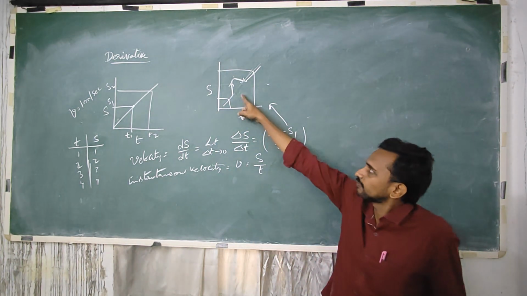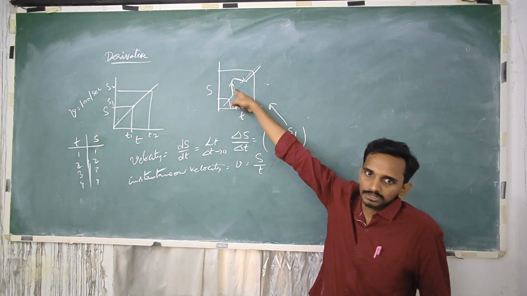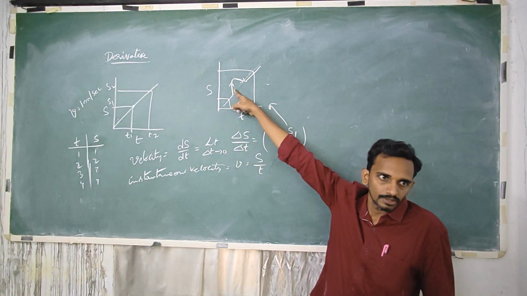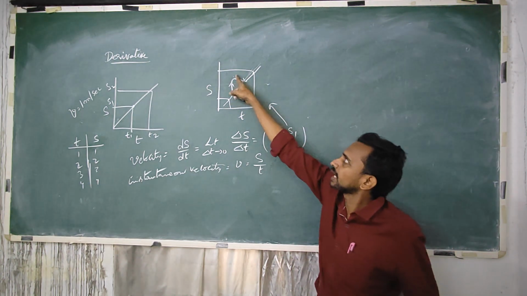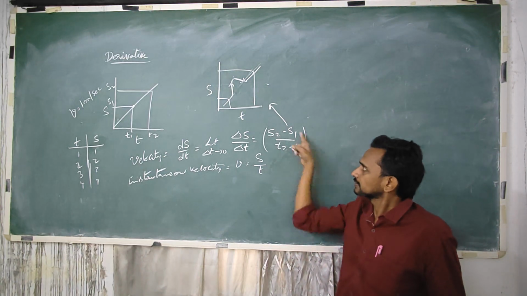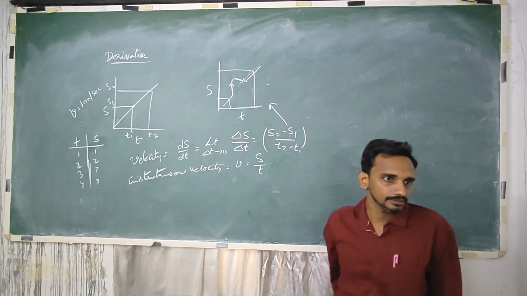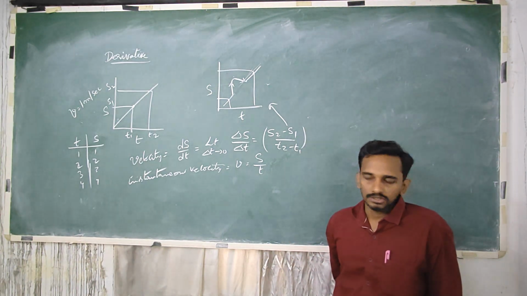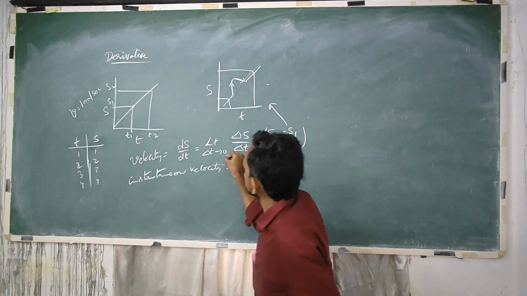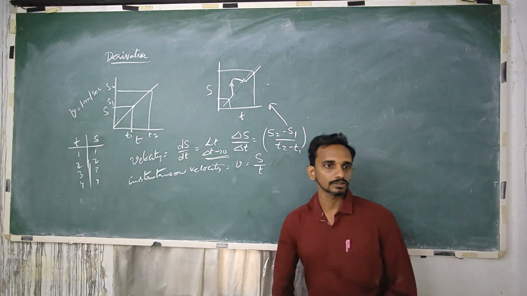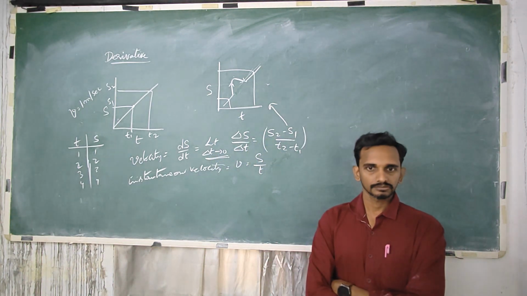But in between, at some point of time, the velocity is changed. So you may not grab that information when you take a long interval. So the best option is you have to reduce the time interval to 0. That gives you the best information about velocity.